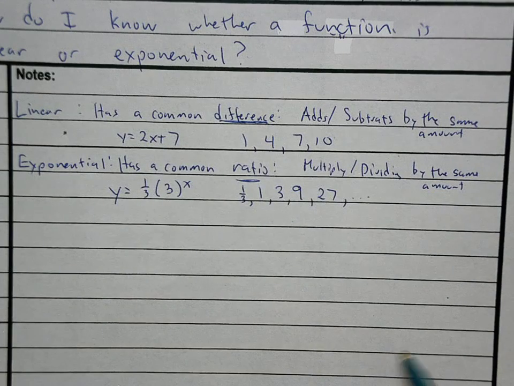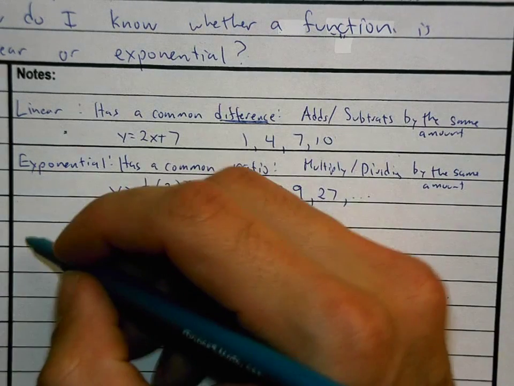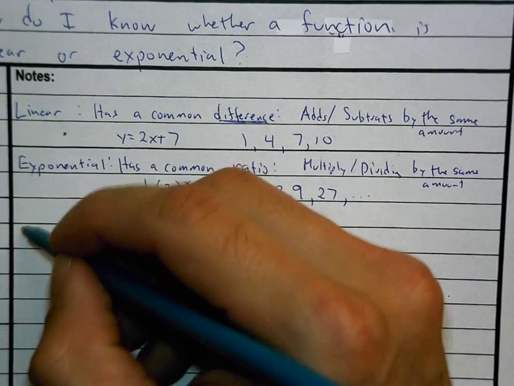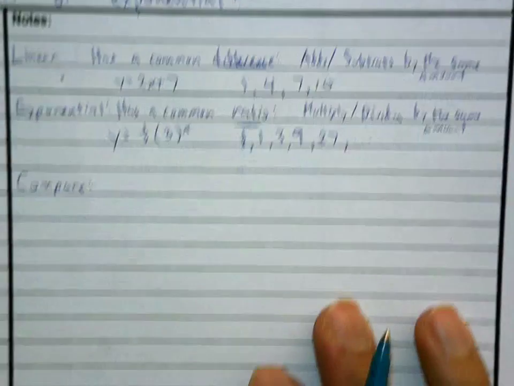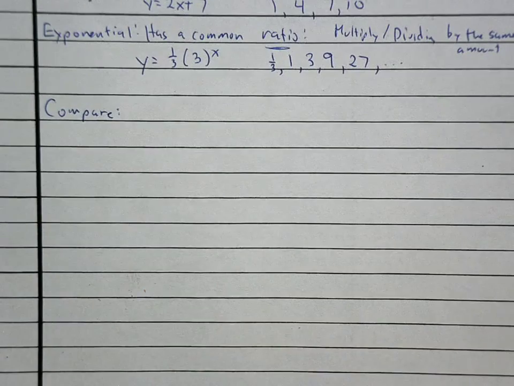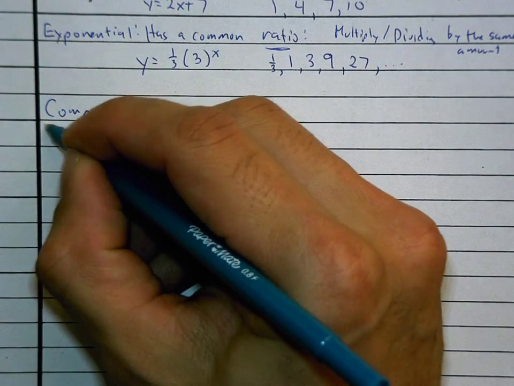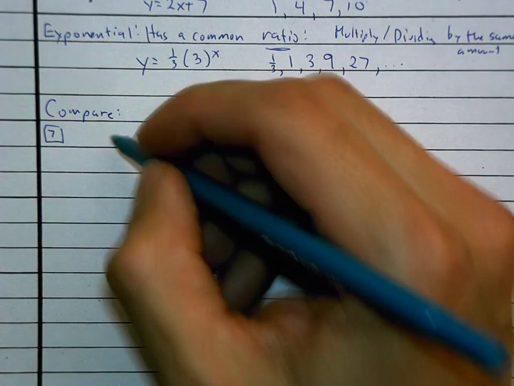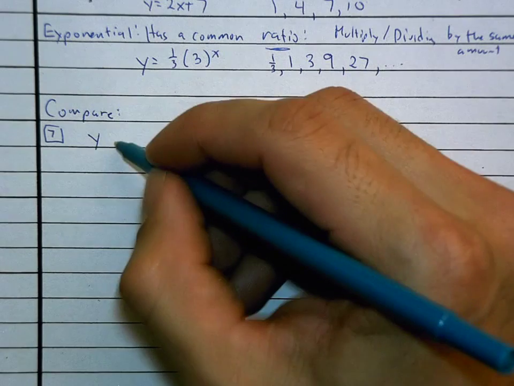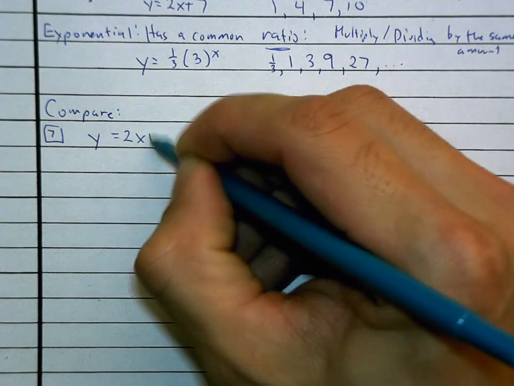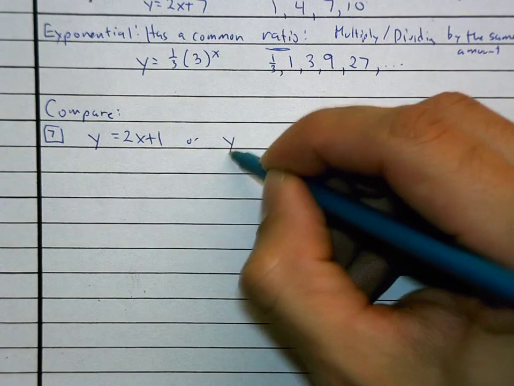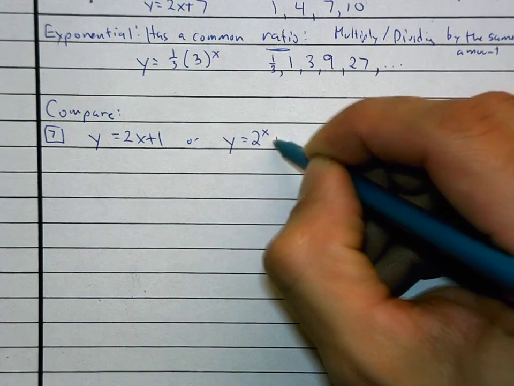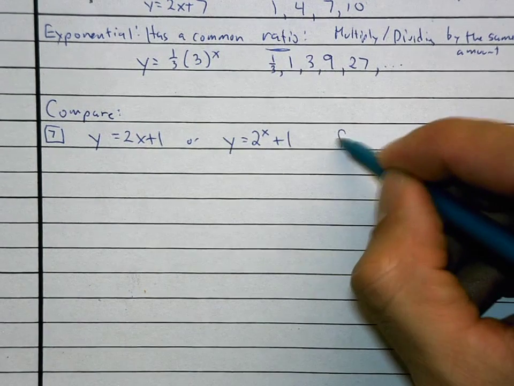You're also going to have to evaluate and compare. I'll give you an example like number 7. What's bigger? Y equals 2x plus 1, or y equals 2 to the x plus 1, but they have to be specific.